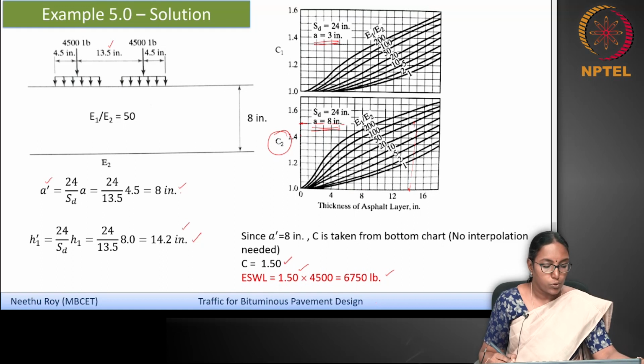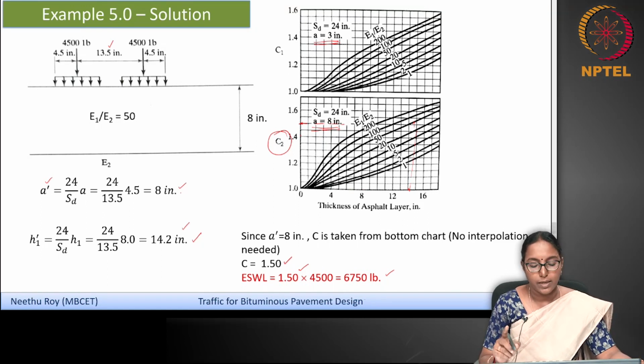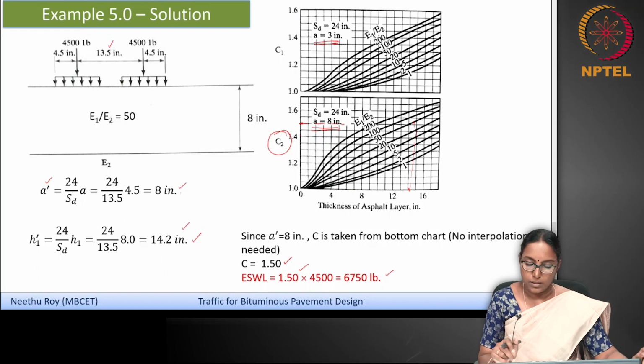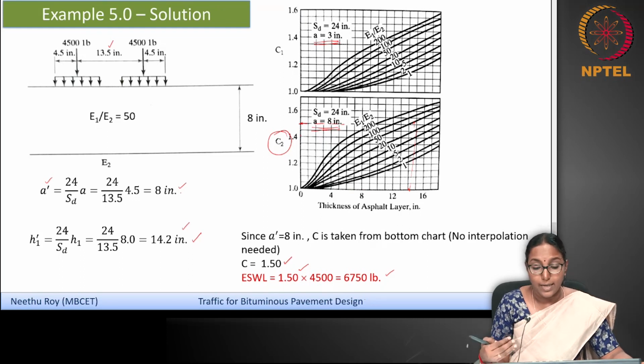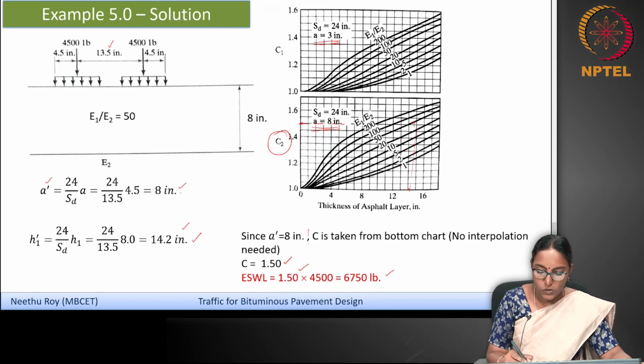The approach that we have discussed just now is the tensile strain approach. You are considering that the tensile strain due to a dual wheel is equal to that due to the equivalent single wheel load, and the conversion factors are already available as charts in computing the tensile strains due to a dual wheel and a dual tandem wheel. So that can be directly used to get the conversion factor C.